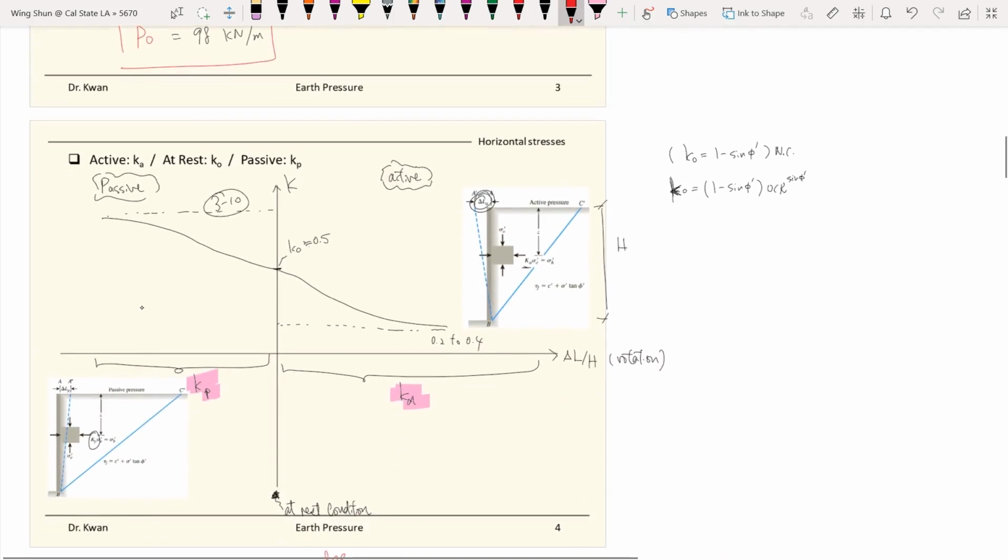When everything's at rest, the K naught is something around 0.5, could be 0.6 or 0.4, depending on the OCR. We talked about that. So it is a factor that's less than 1 for the K naught. And for active conditions, it must be less than the K naught.